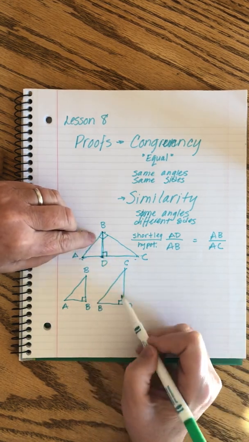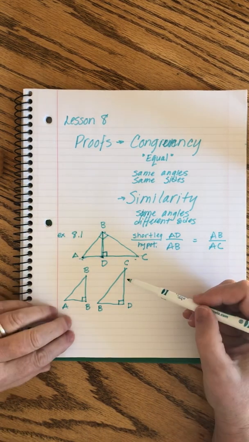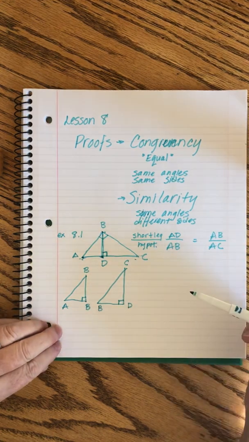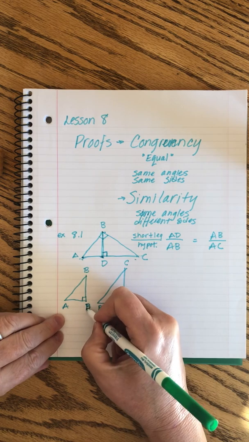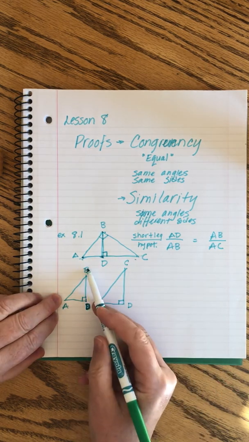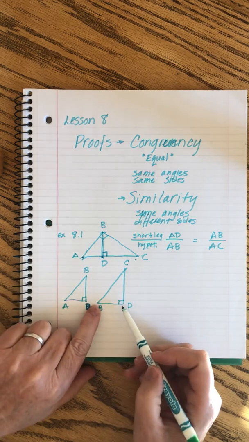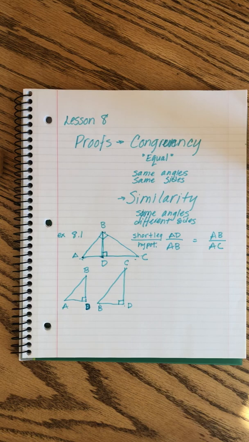C, D, B. The order that we state angles in triangles matters. We always want to put them in the same order. Oh wait, I did something wrong here. This is D. This would be triangle ADB. This would be triangle BDC. We want to keep the letters flowing in the right order.